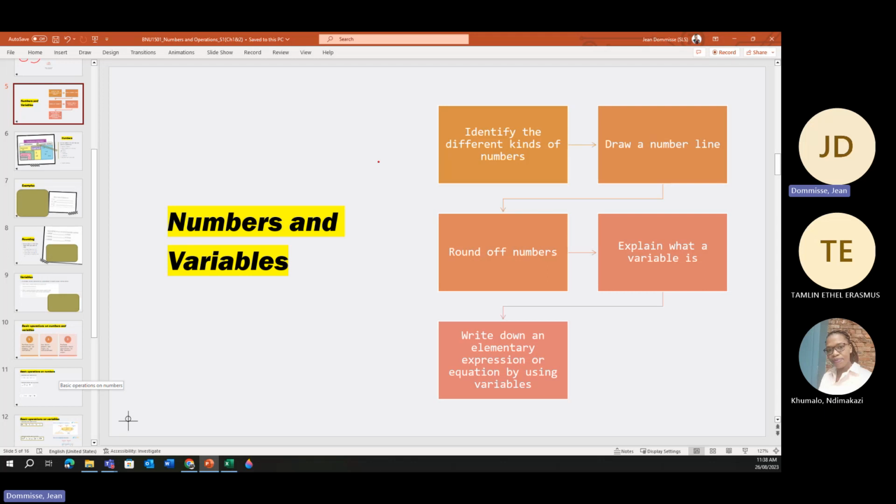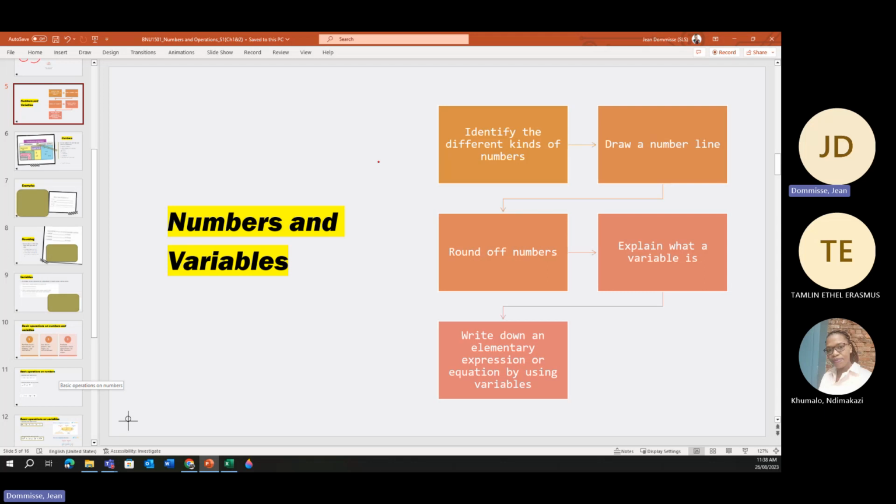It is multiple choice, so they can rather ask you which one of these timelines is correct for a certain question, but they won't ask you to draw anything because that will not be possible. We're going to look at how to round off numbers. So if it is to one decimal, how to round it off, and 2, 3, 4 decimals.